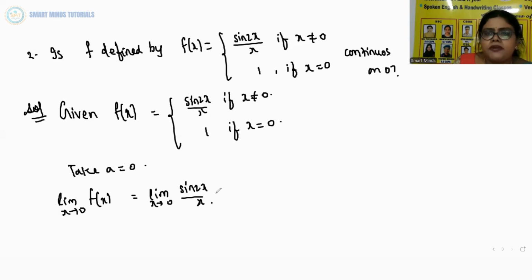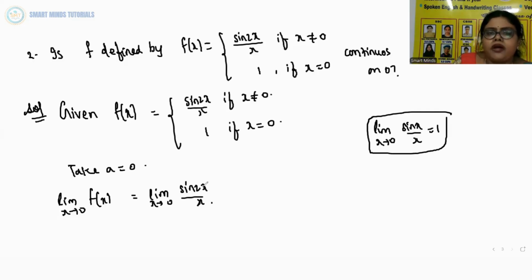Now we use the limits concept here. We know that limit x tends to 0, sine x by x is equal to 1. Now over here you have 2x. In the denominator also you should have 2x. Then only you can apply this standard limit. So what do we do? We multiply and divide by 2. So I am dividing here by 2, multiplying by 2. So that is 2 into 1, which is equal to 2.